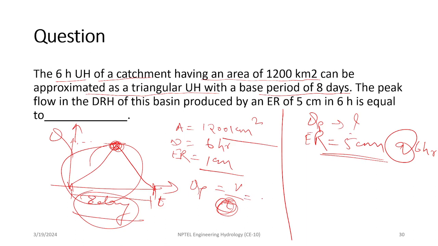So here the volume will be half into 8 days into peak discharge. I am writing it in words only, peak discharge. Now you got the area, the entire volume.